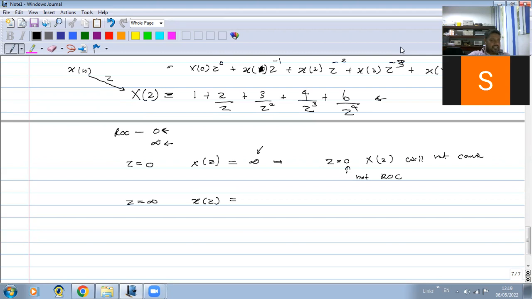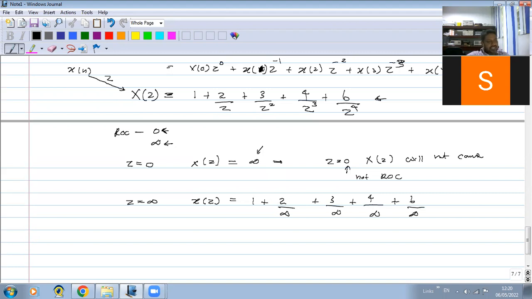So what is the exercise? I will show you. I'm going to apply z is equal to infinity. If I substitute, you have 2 divided by infinity, 3 divided by z square, that means infinity square, that means again infinity, and 4 over infinity cubed, which is again infinity, and 6 over infinity.